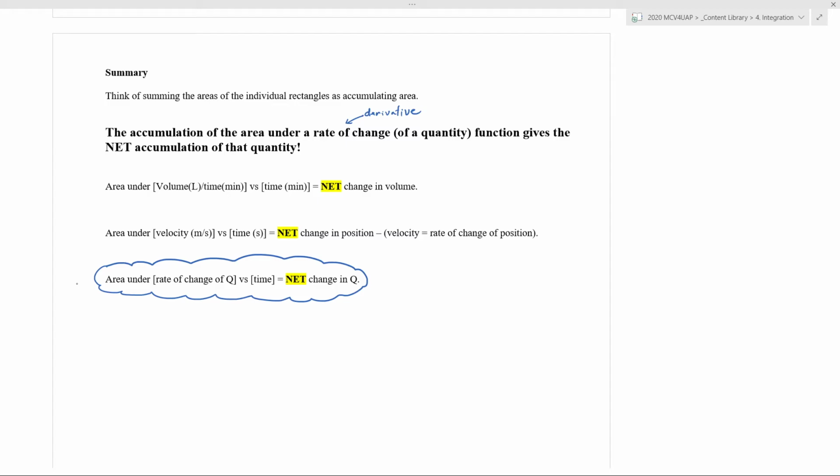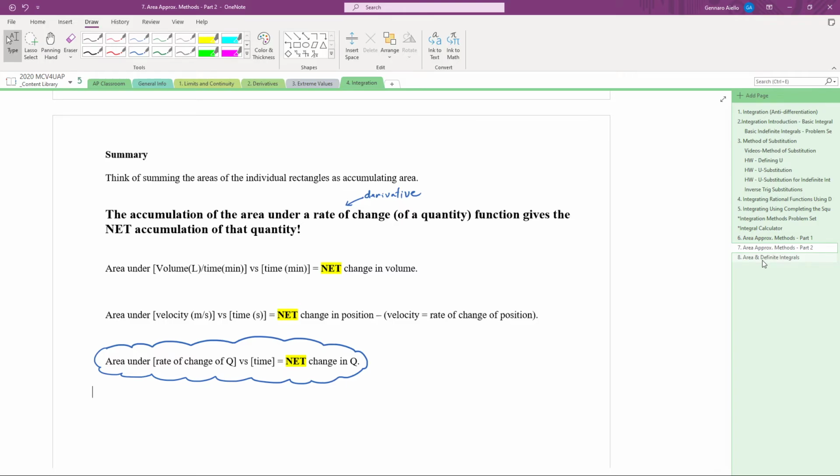Okay, so that brings us to the next topic here that I've got, area and definite integrals. The whole point of this lesson is as follows. We started off today with integrating. How do I find antiderivatives? We talked about substitution, we talked about completing the square, those methods of finding antiderivatives.